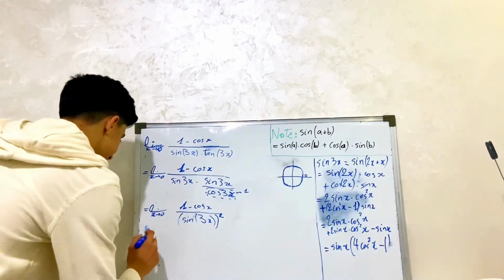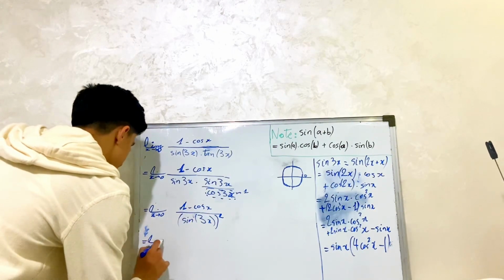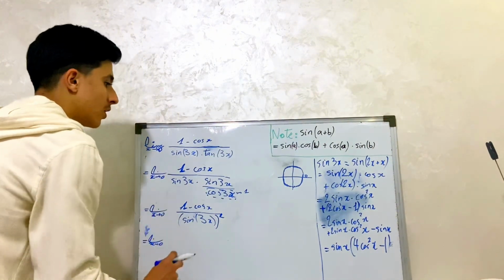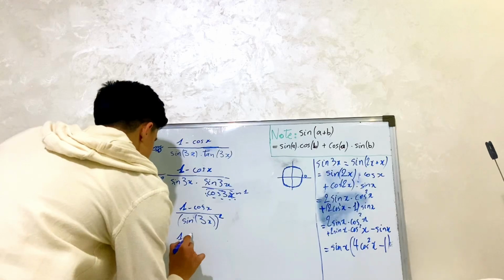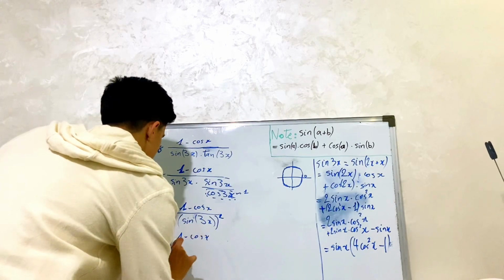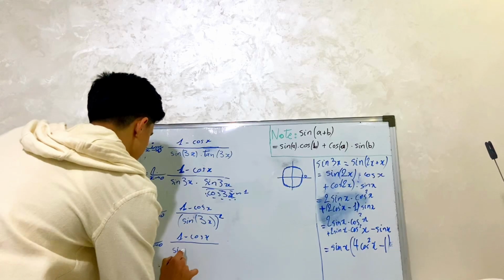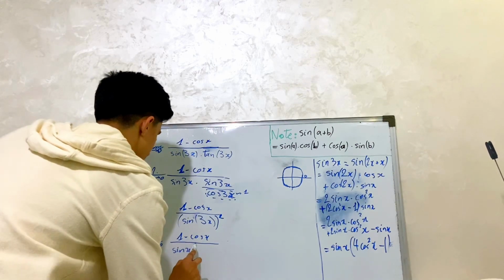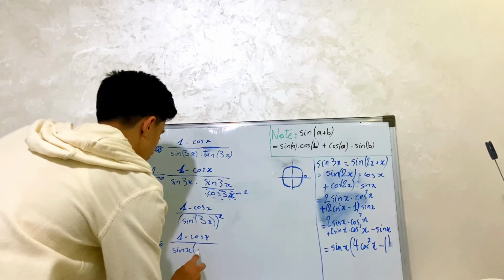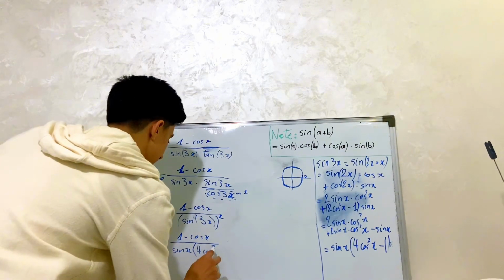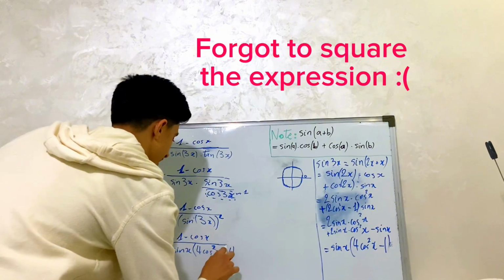And this is going to be the limit as x goes to 0 of 1 minus cos x all over sine x multiplying (4 cosine squared x minus 1). There we go.